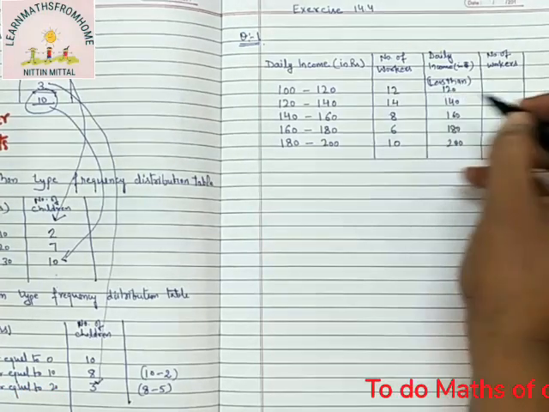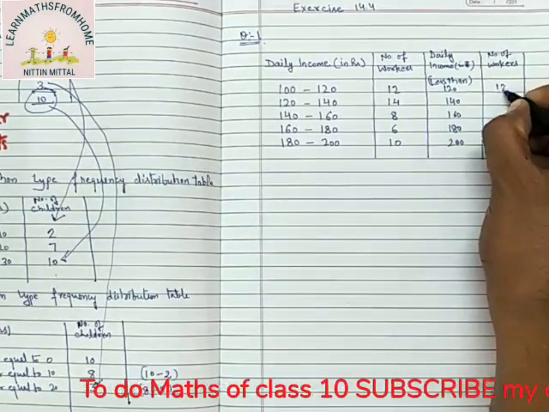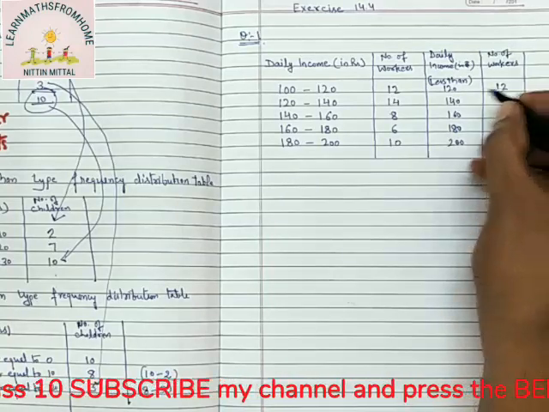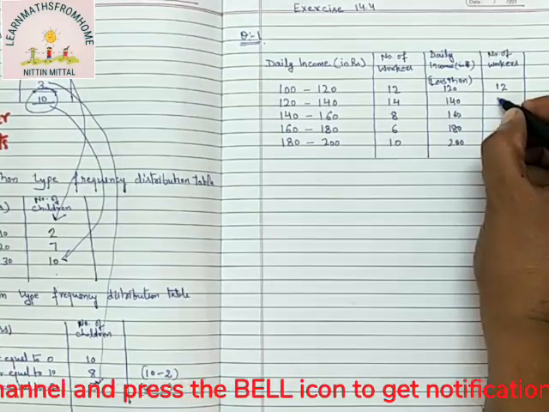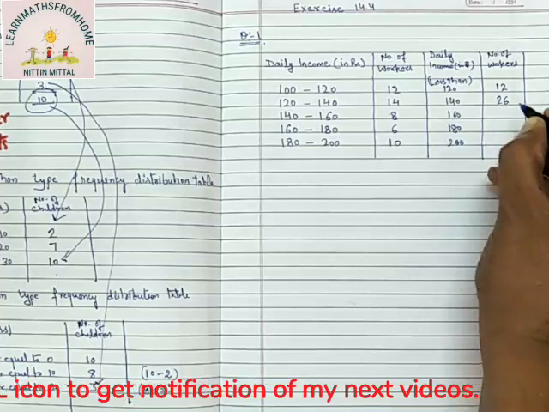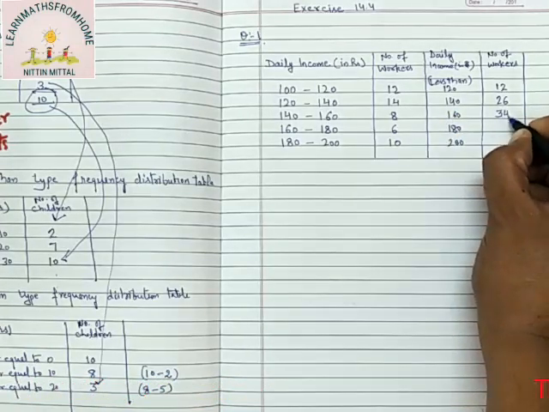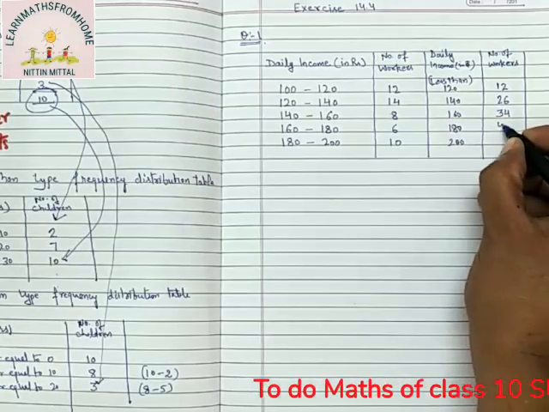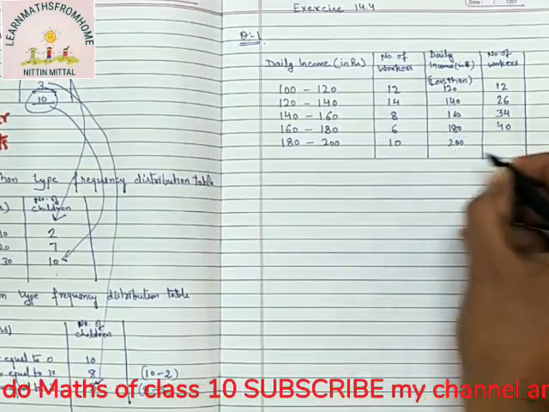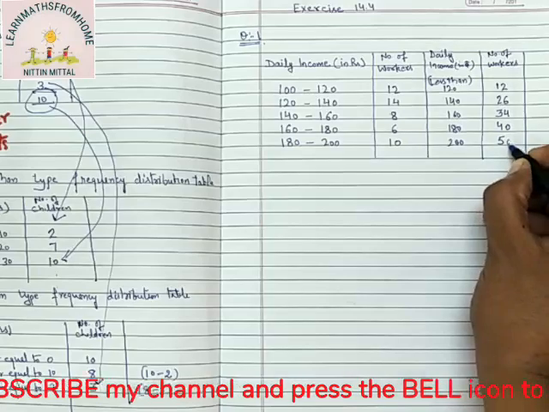So the first frequency is 12, so it will remain the same. Now we add the next frequency: 12 plus 14, 26, 26 plus 8, 34, 34 plus 6, 40, and 40 plus 10, 50.